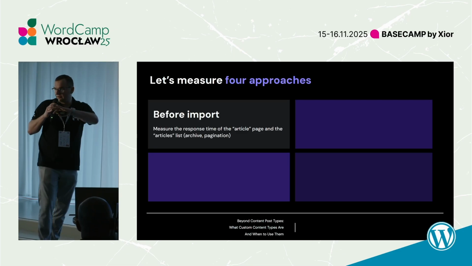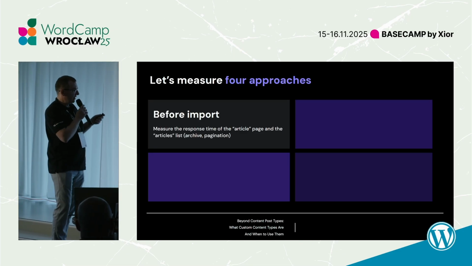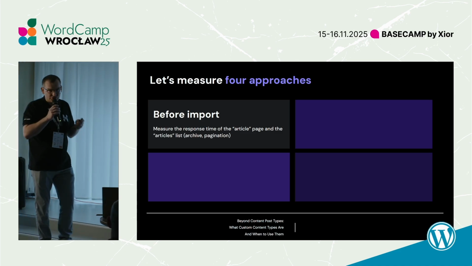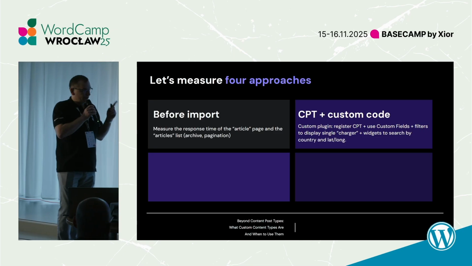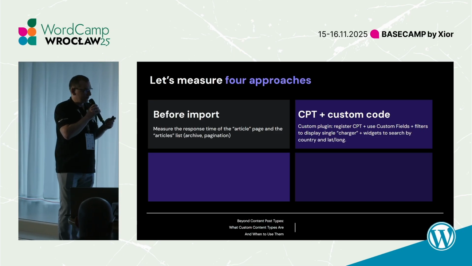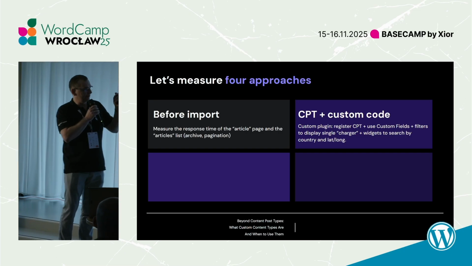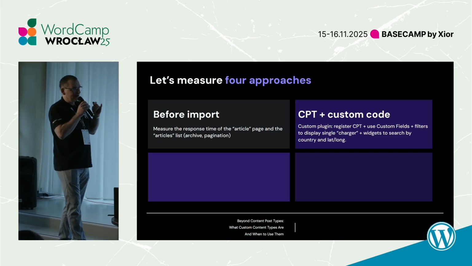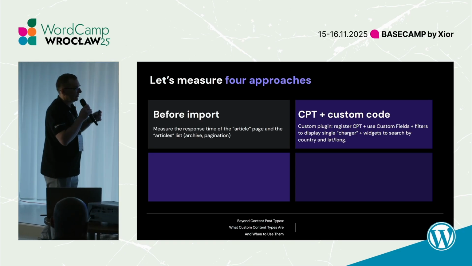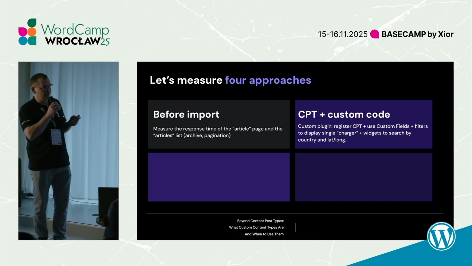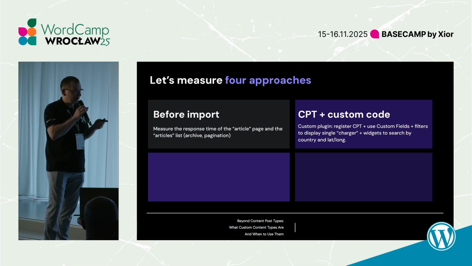So let's check four different cases. One, before import. Let's check how fast the website is. Then use the classic custom post type plus custom code. Of course, custom code to register the custom post type, to use the built-in custom fields, and filters to display the data on the archive and the single page.